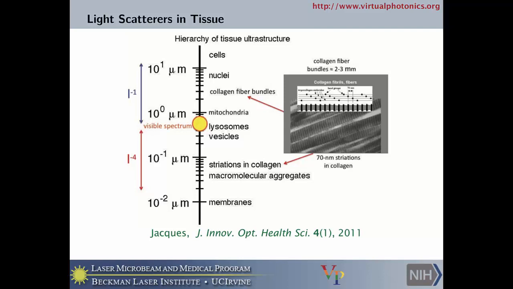What's important here is that these spatial scales are right smack dab in the center of where we're interrogating the system, typically with visible or near-infrared light, which has wavelengths on the order of, as you know, 400 nanometers to about a micron if we're going into the near IR.